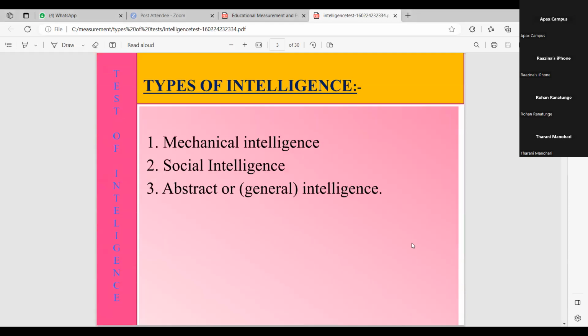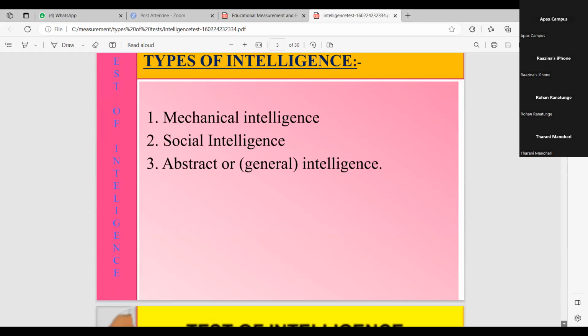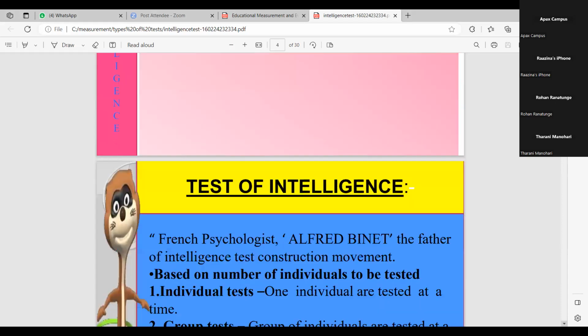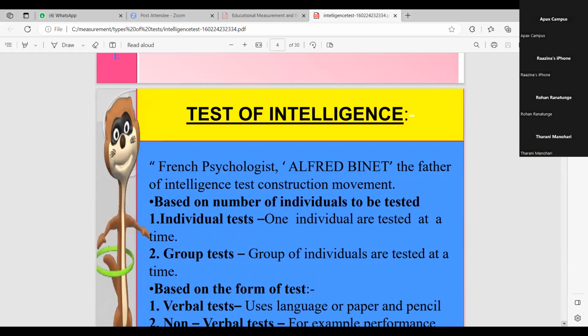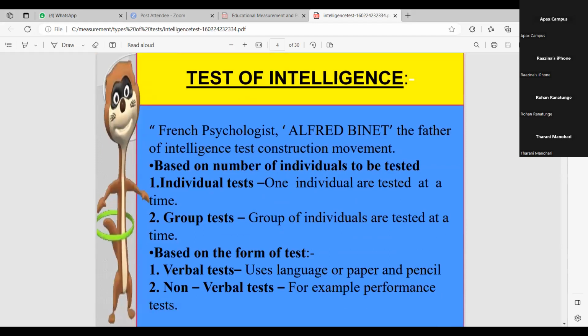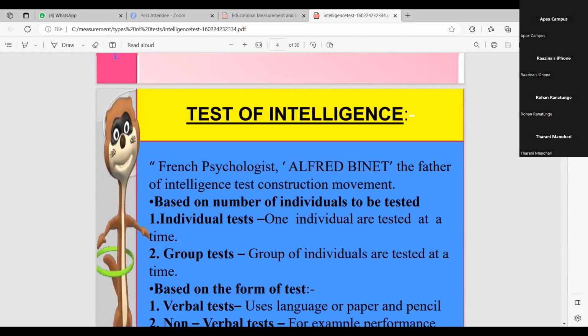Here we have three types of intelligences. One is mechanical intelligence. The second one is social intelligence. Third one is abstract or general intelligence. So let's see what these things are. So let's see the three types.